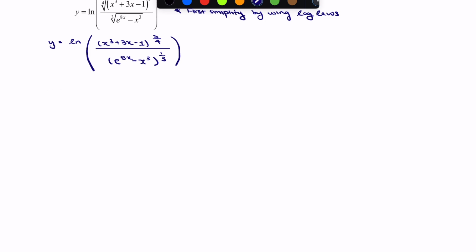So here we have y is equal to natural log of x cubed plus 3x minus 1 to the power of 5 over 4, minus natural log, or ln, of e to the power of 8x minus x to the power of 3, to the power of 1 over 3. And so here what we did is we applied the quotient law.